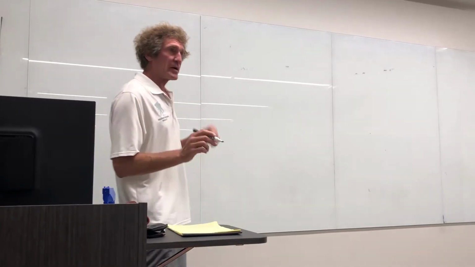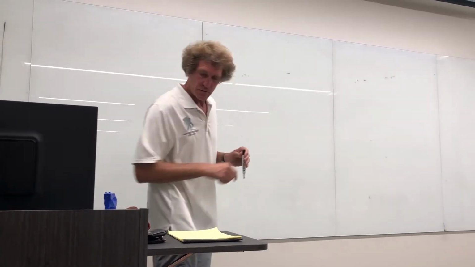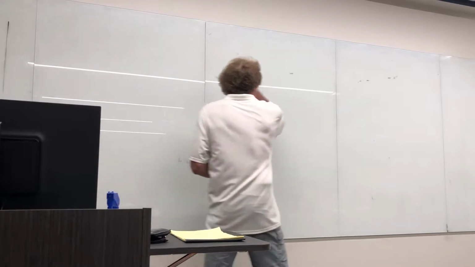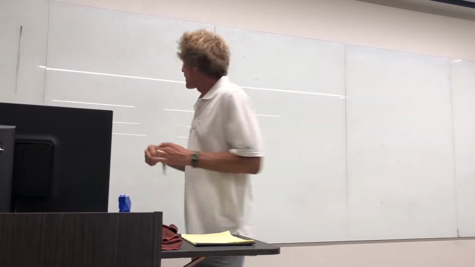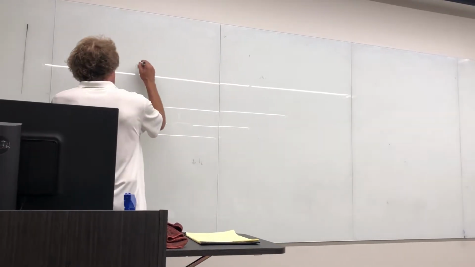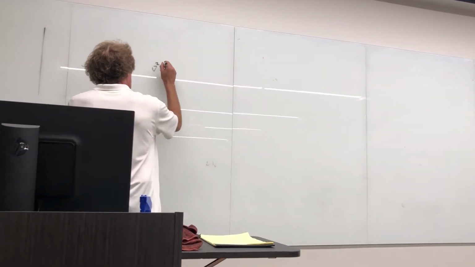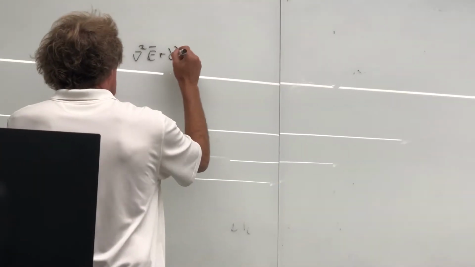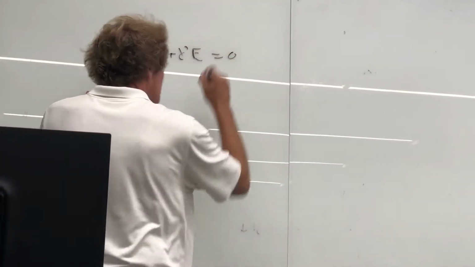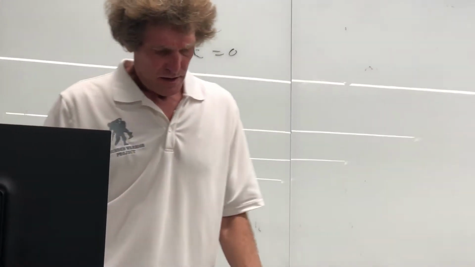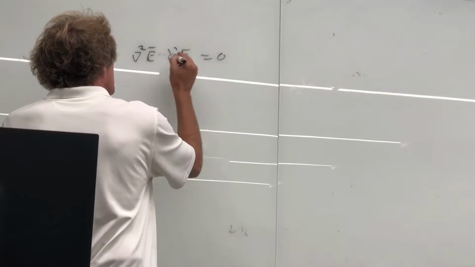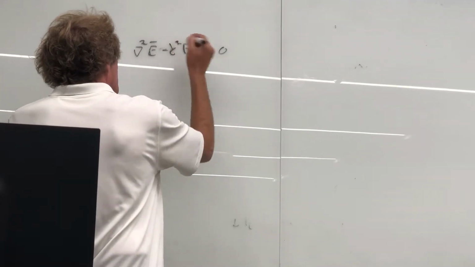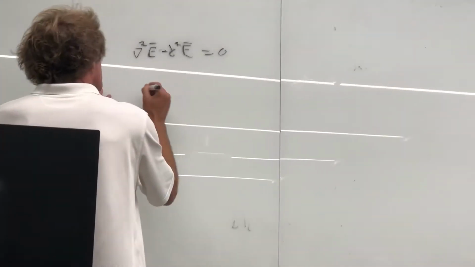So we came down from Maxwell's equations down to this, where we had del squared of E minus gamma squared E equals 0.